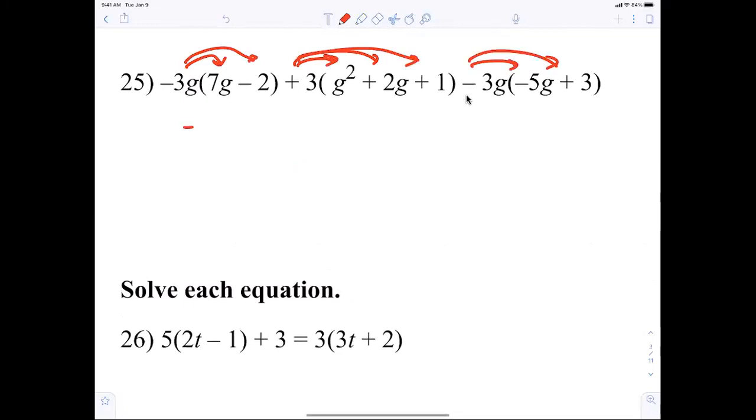So negative 21g squared plus 6g plus 3g squared plus 6g plus 3 plus 15g squared minus 9g. Anybody have any issues?